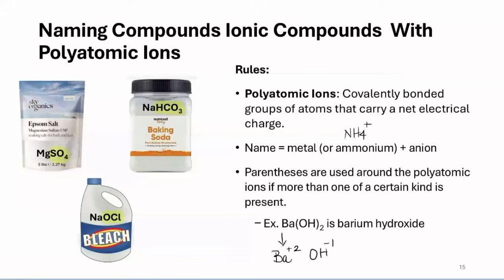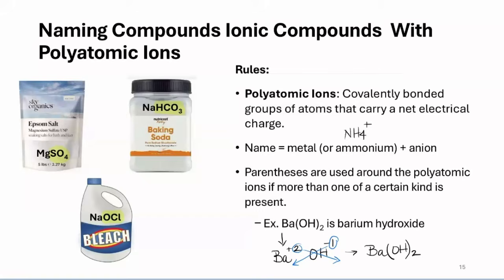As we have done previously, this value of 1 becomes the subscript of the barium. This subscript of 2 is the subscript of hydroxide. And since we are assigning a subscript of 2 to a polyatomic ion, as it says in the last bullet point, we need to put it in parentheses.